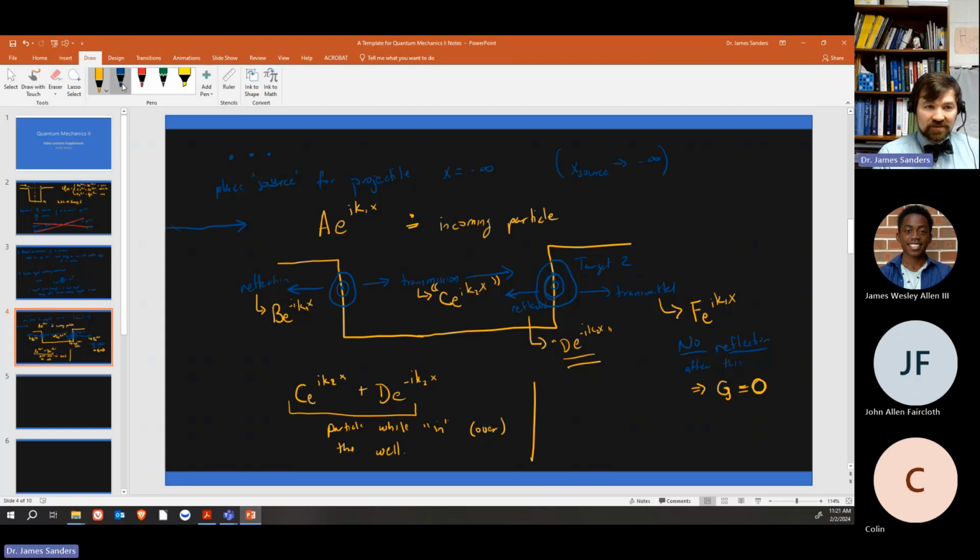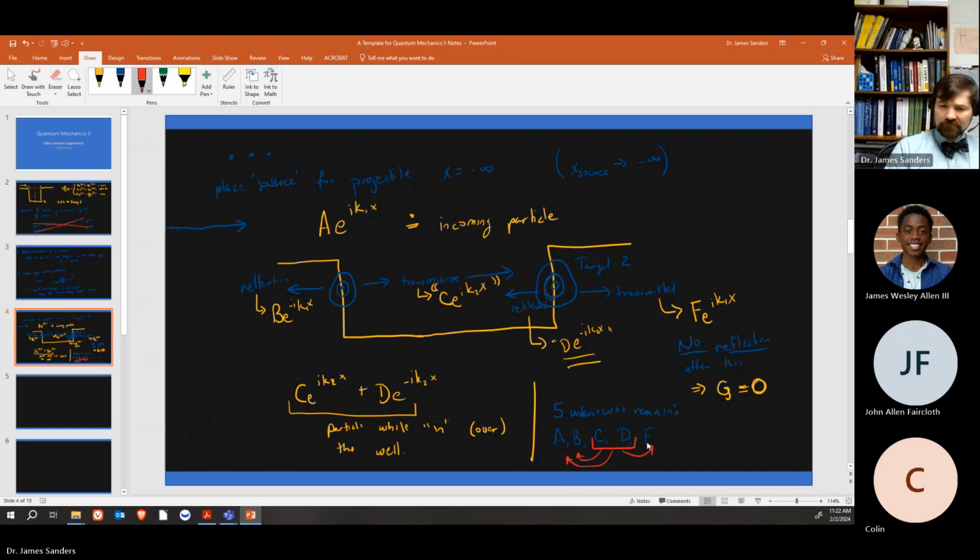So taking stock at this point, we're down to 5 unknowns: A, B, C, D, F. And it would be nice if we could get rid of these two and make them somehow functions of A, B, and F.